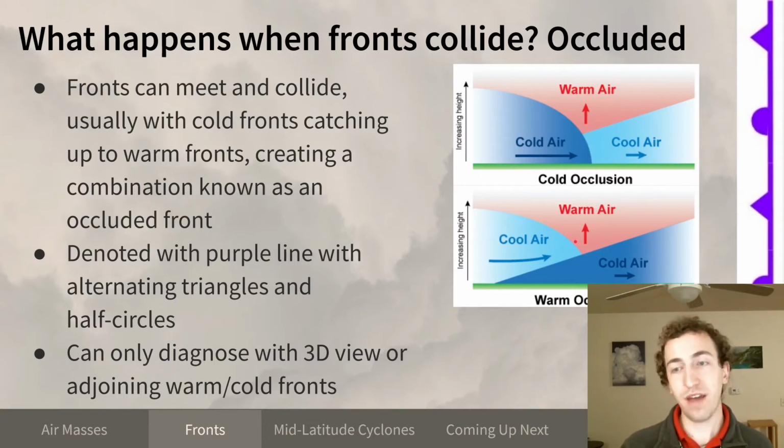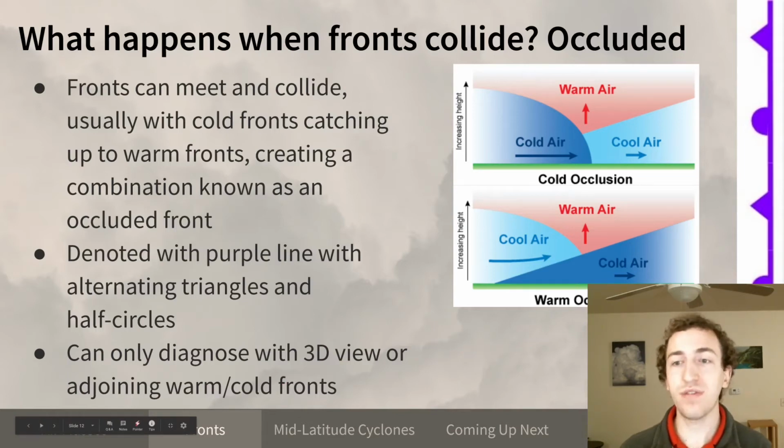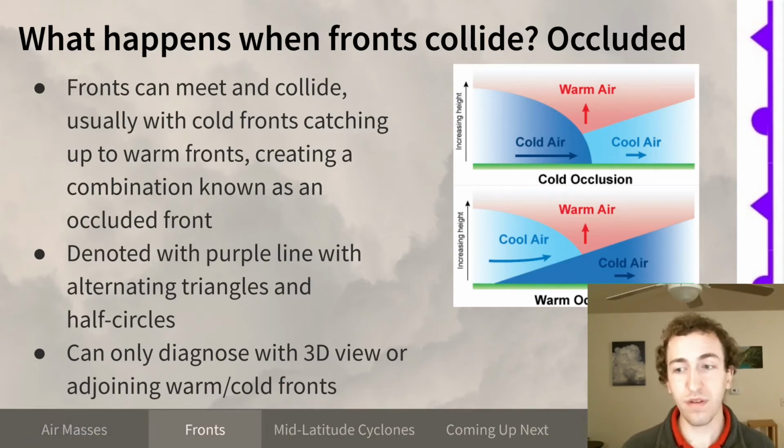Or you have to have just a broader sense of what's been happening over space and time, where you have adjoining or colliding warm fronts or cold fronts that you know had to have collided to form an occluded front.